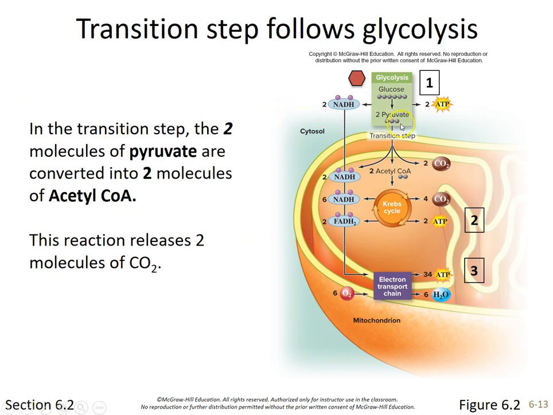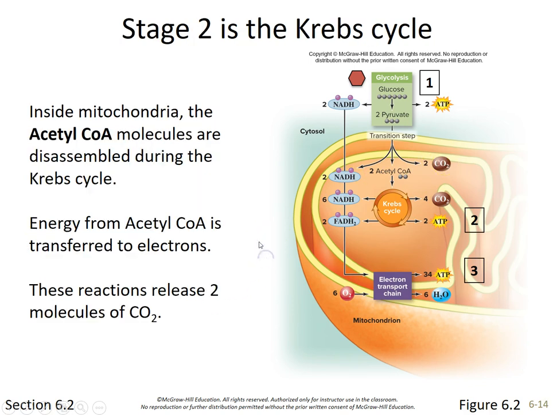Okay, so the two pyruvates go on to be converted into two molecules of acetyl-CoA, as you can see here. Those are two carbons. And then the leftover carbons are released as carbon dioxide. Now we're inside the mitochondria.